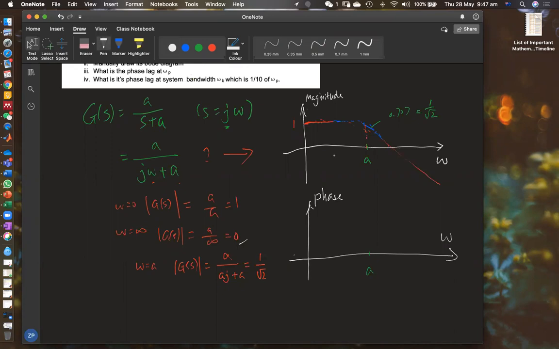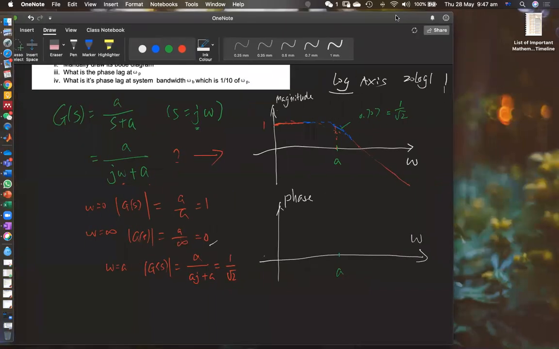The thing is, when we draw this, it is in a log axis. So this is not 1. Normally you get 20 log of our gain. Okay, let me explain that. I didn't realize that's going to be a problem. So 20 log G. So when you have this 0, log 0 is negative infinity, actually.